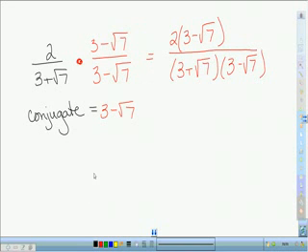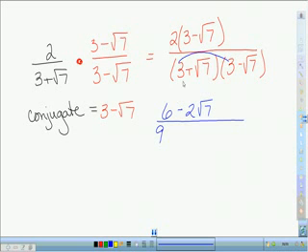So in the numerator, 2 times 3 is 6, and 2 times negative square root of 7 is negative 2 square root of 7. Now the denominator is where it gets a little bit more complicated. We're foiling. So 3 times 3 is 9. 3 times negative square root of 7 is negative 3 square root of 7. The square root of 7 times 3 is 3 square root of 7.